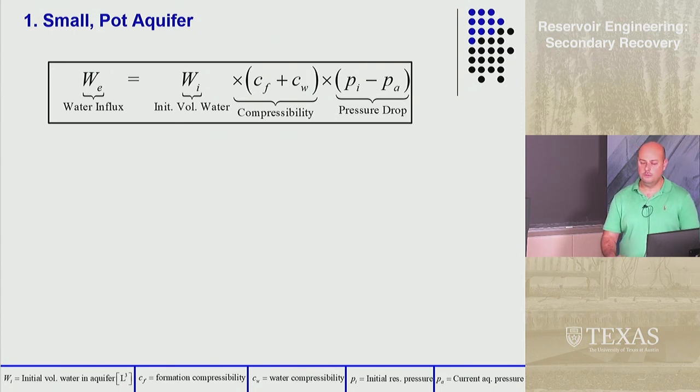They both contribute. Notice that there's no oil or gas compressibility in this equation because you've got no oil or gas in the aquifer. And then that's times the pressure difference between the initial pressure minus the aquifer pressure. Okay, or really PA is the pressure at the reservoir aquifer interface. So it's that driving force.